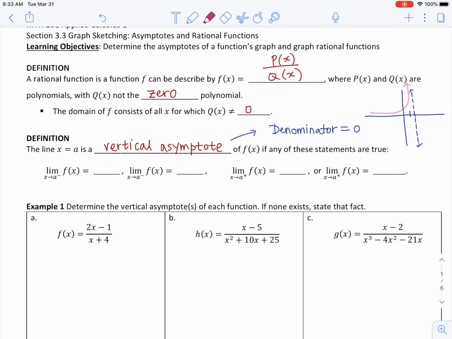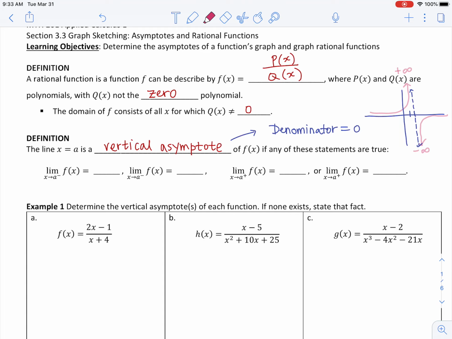It's going to try to approach that asymptote, but it's going to curve up and go straight up to positive infinity, or it may go straight down. It's going to get really, really close to that line, but it won't be able to cross that vertical asymptote.